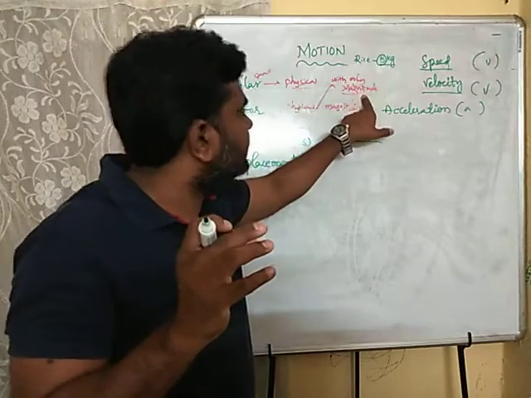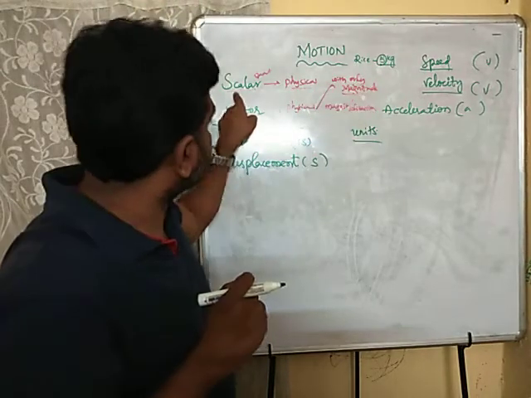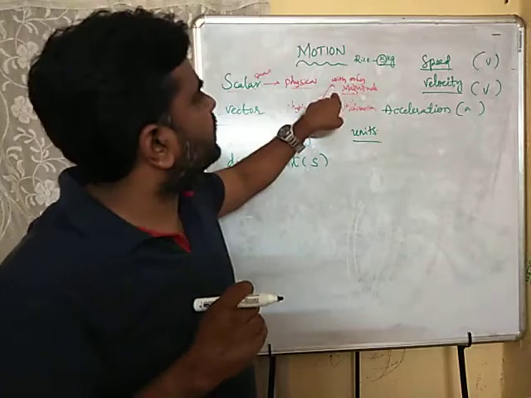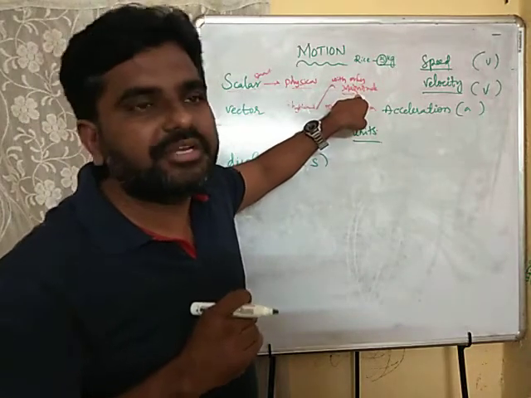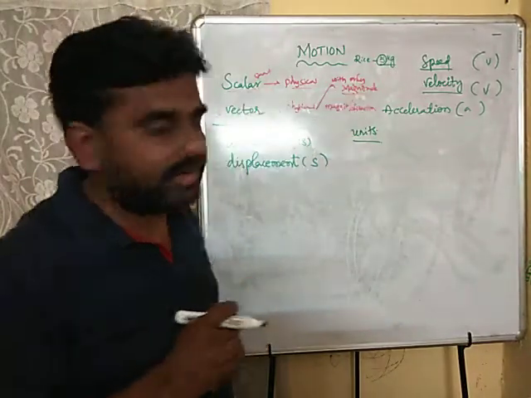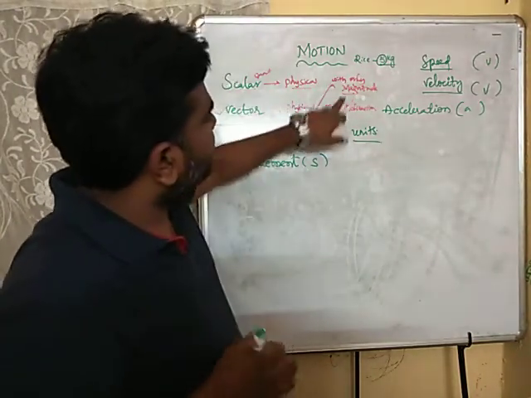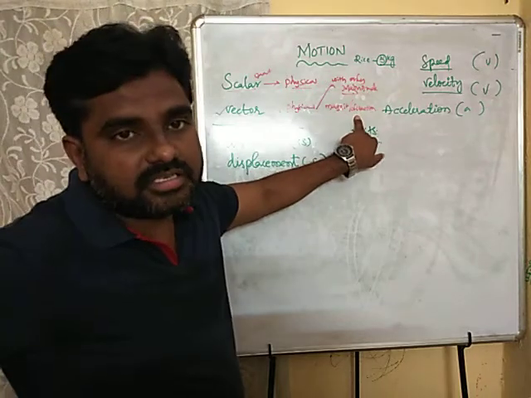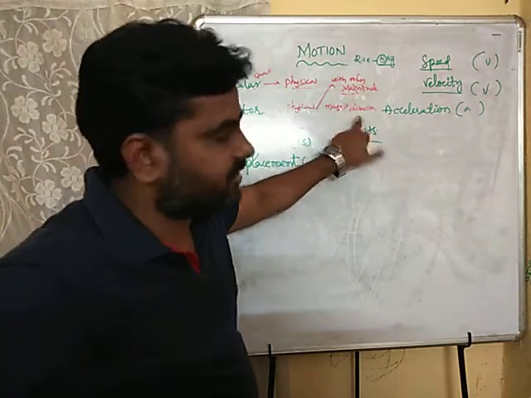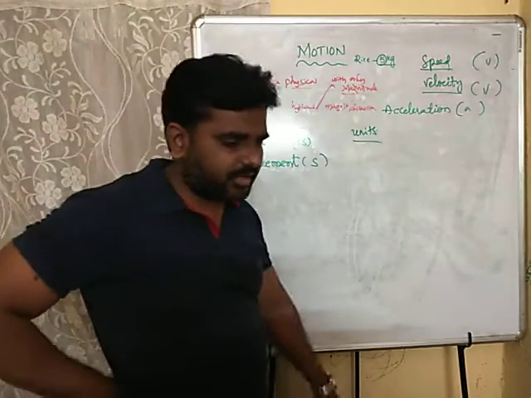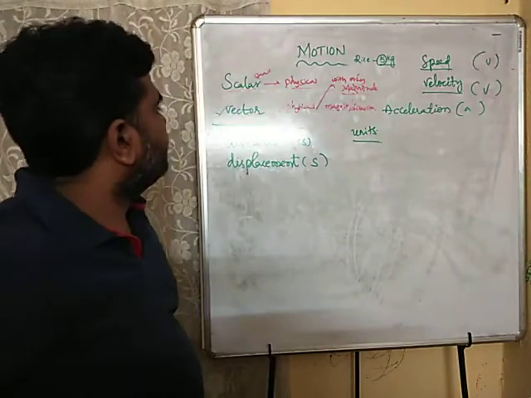This is called magnitude. Physical quantities with a numerical value called magnitude are called scalar quantities. But vector quantities are different: in addition to magnitude there is another one, that is direction. I will explain these concepts briefly in my video itself.